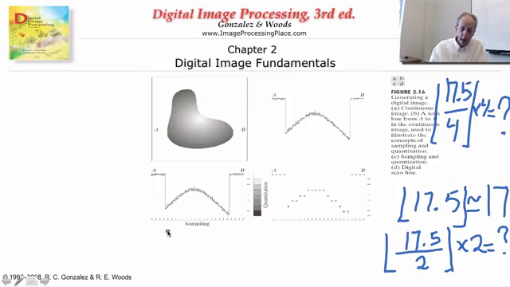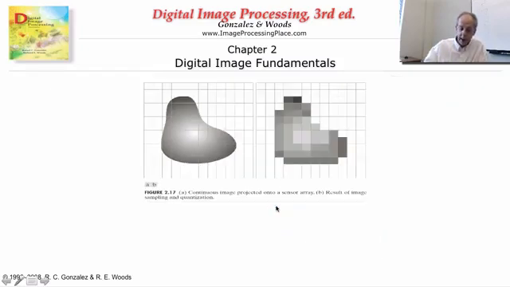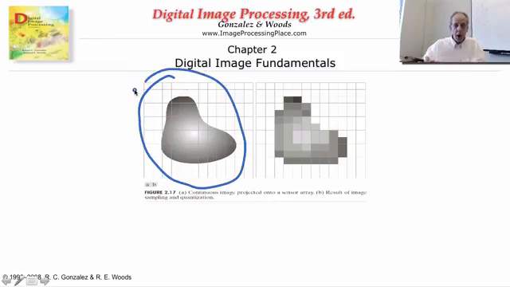But to recap, we have two basic ways of discretization. One is sampling in the spatial domain, and the other is quantization in the gray values. So the basic idea is that while we started from a continuous object that lives in the whole space and has multiple gray values, we end up with a discrete object that has discretization both in the spatial domain and also in the gray values.